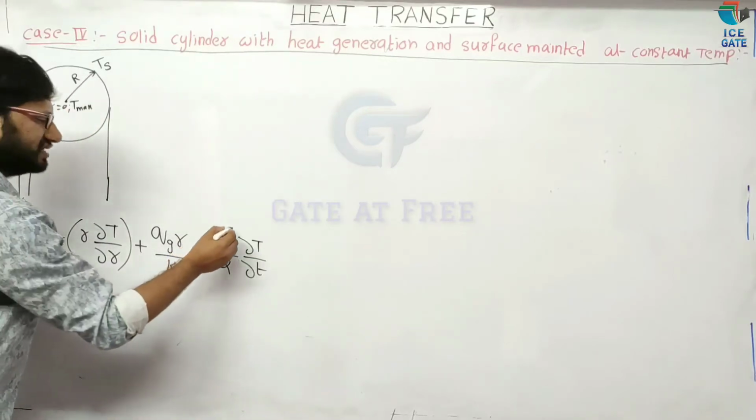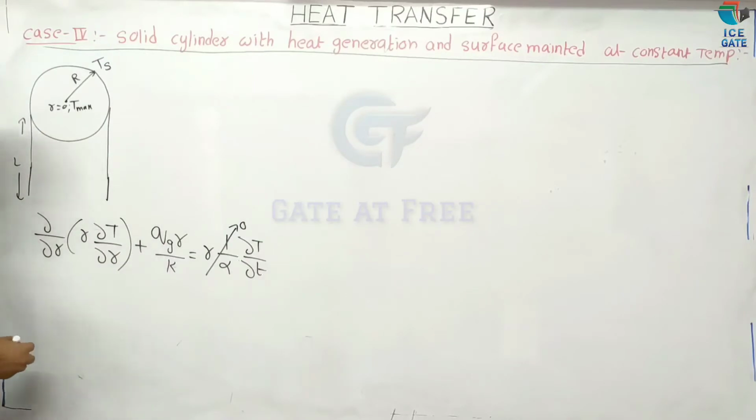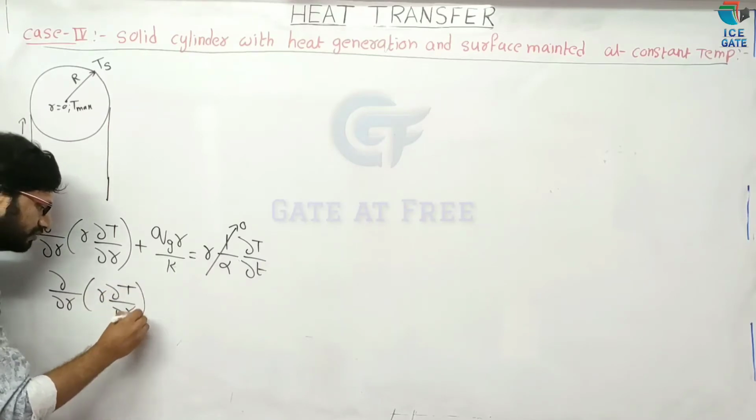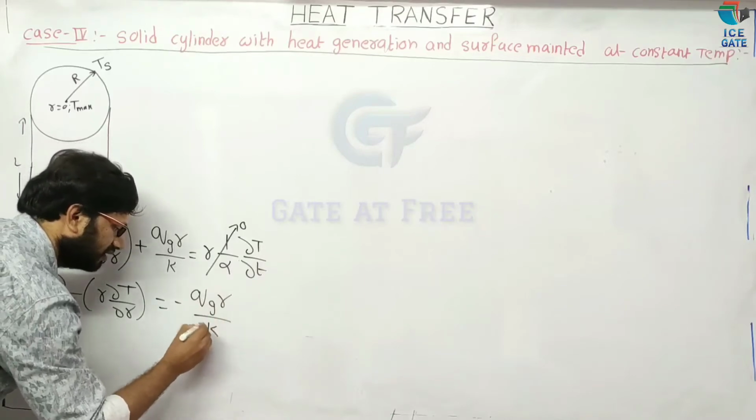Okay, as it is steady state, we can remove this one. Now what is the equation? Dou by dou r into dou T by dou r is equal to minus qg r by k.